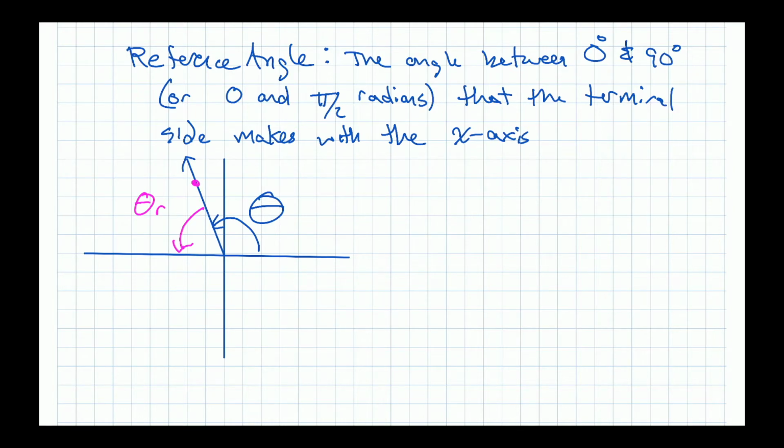If you're here, this is too far to get to the x-axis. That's a longer distance than going straight this way. So that's the reference angle. And it's always going to be less than 90 degrees, no matter which quadrant you're in. It could be exactly 90 degrees, but otherwise it's less than 90 degrees.